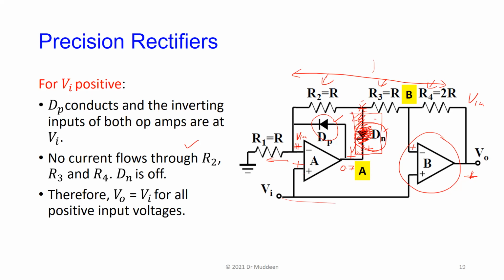If this is reverse bias, it's like I've opened up this line. You remember, reverse bias diode means no current can flow. So for all intents and purposes, I don't have this connection anymore. A reverse bias diode is an open circuit. A forward bias diode is a short circuit. Look at it like that.